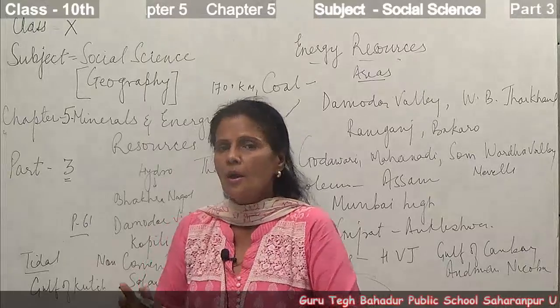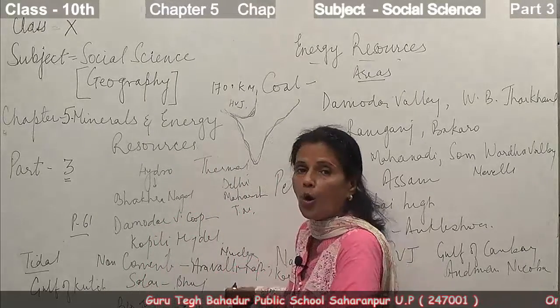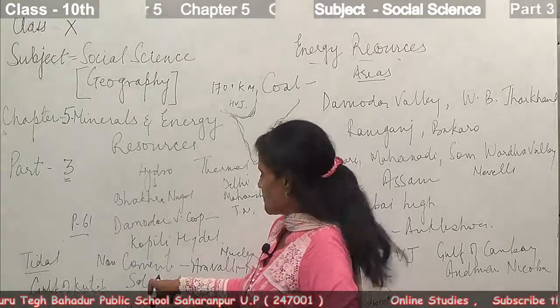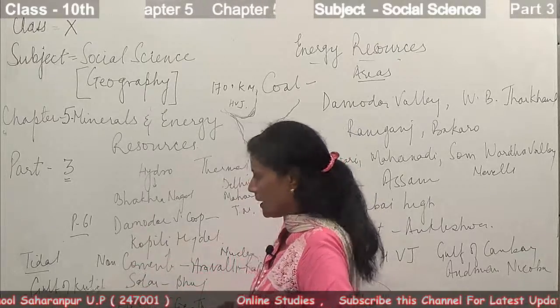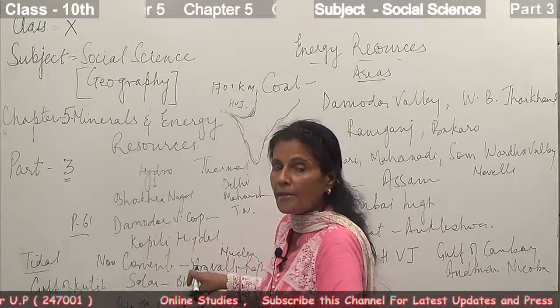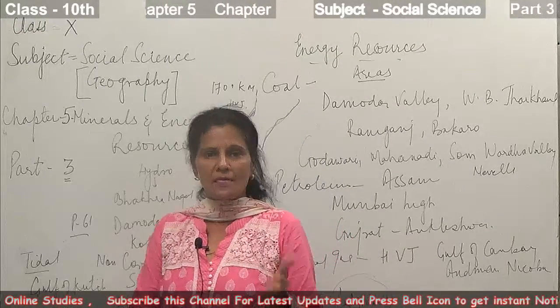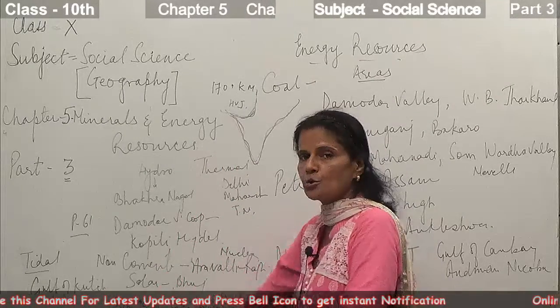It is also your way of obtaining energy. In Manikaran, there is a worshipping place for Sikhs, a Gurdwara, and all the langar food is produced over there only by geothermal energy. So Parvati Valley and Puga Valley are very rich in geothermal energy.